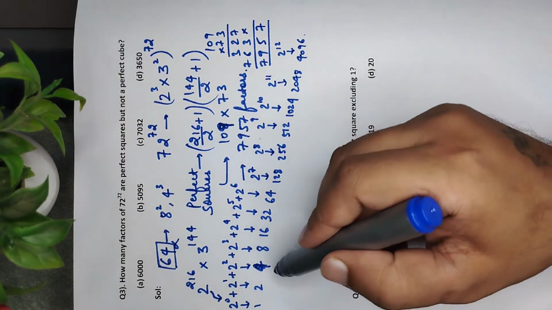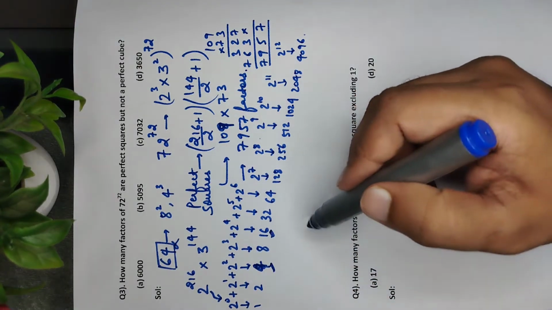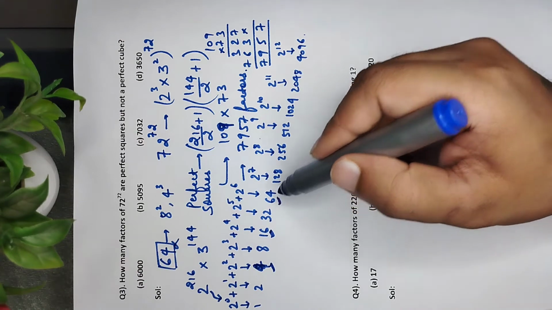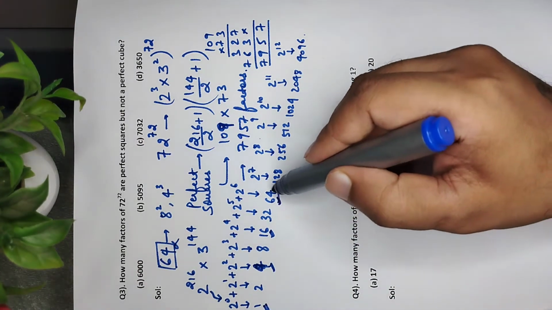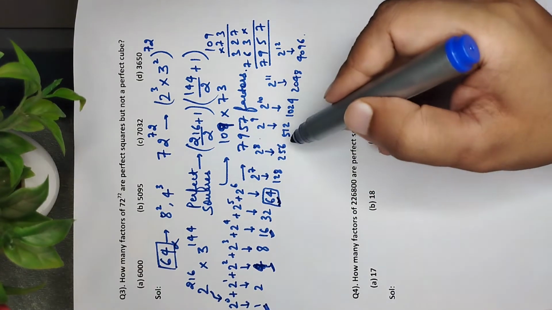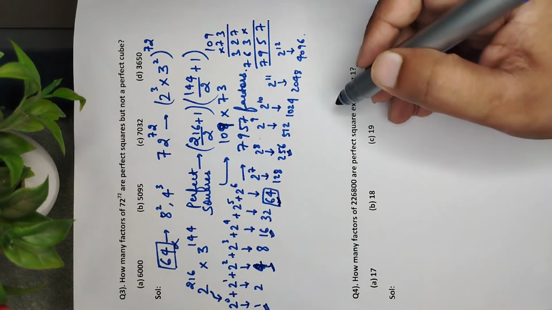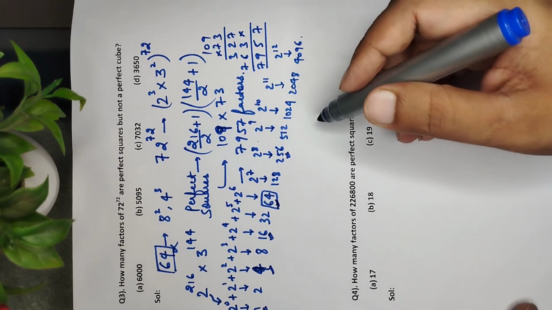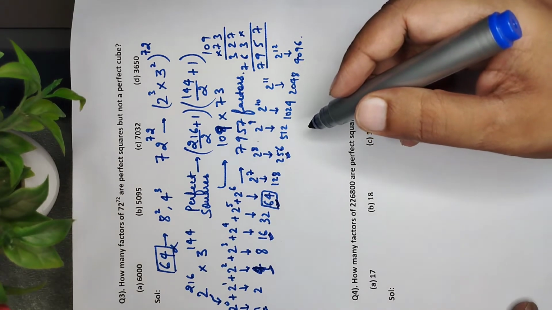Now you can see that this number is a perfect square. Similarly, this number is also a perfect square, this number is also a perfect square, and this number is also a perfect square. But this number is a perfect square as well as perfect cube. Similarly, this number is also a perfect square. Similarly, we have many such numbers which are the perfect squares.